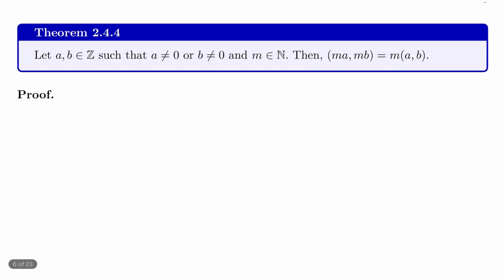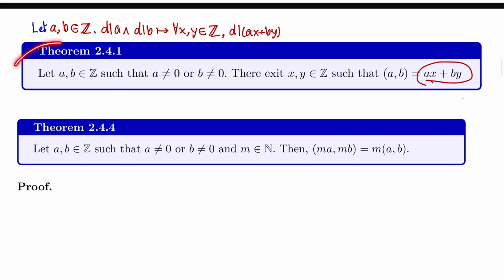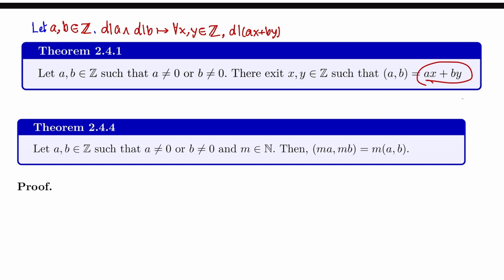But before I prove this, I have to give you these theorems first, which we proved in a previous video. The first one is that if d divides a and d divides b, then for any integers x and y, d divides ax plus by.